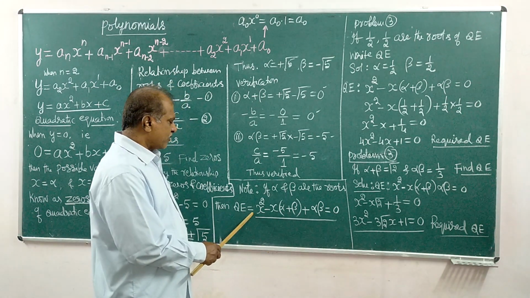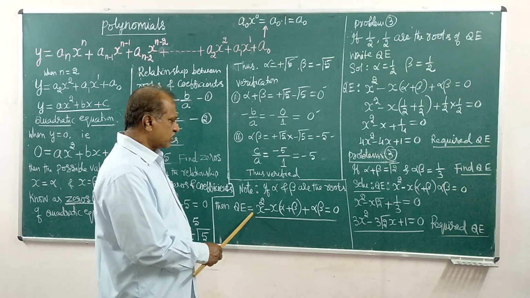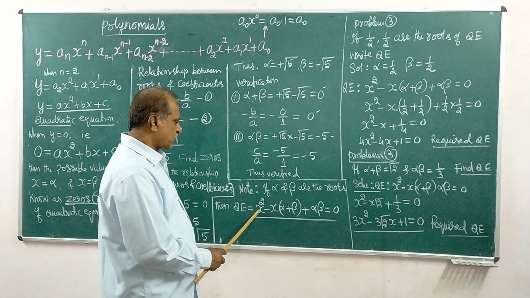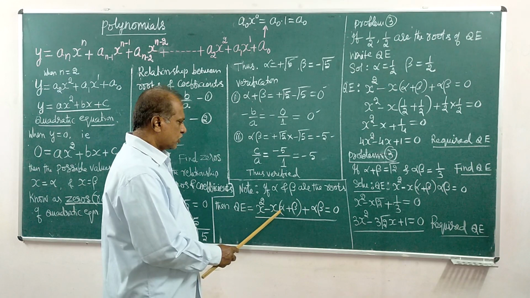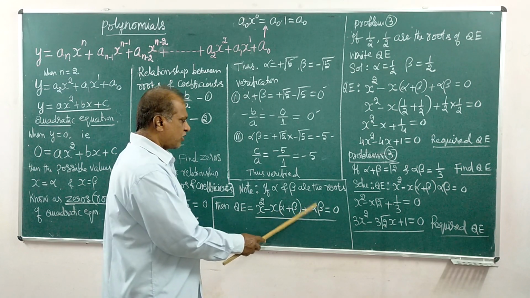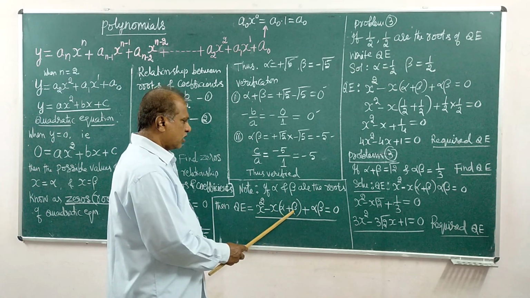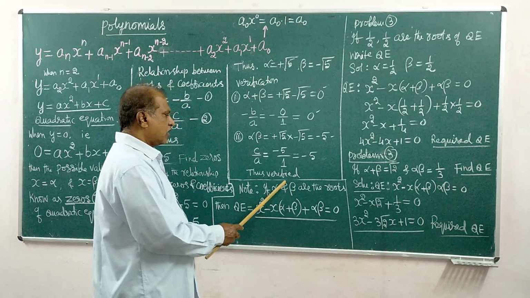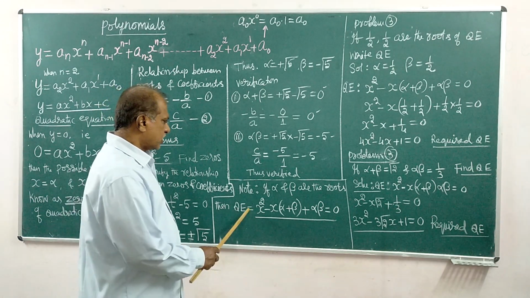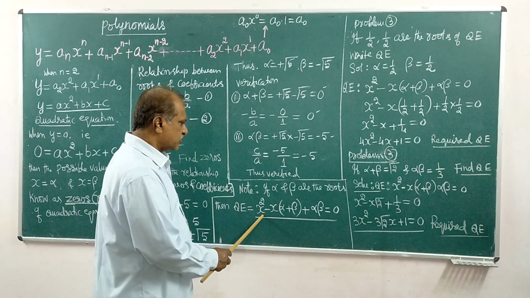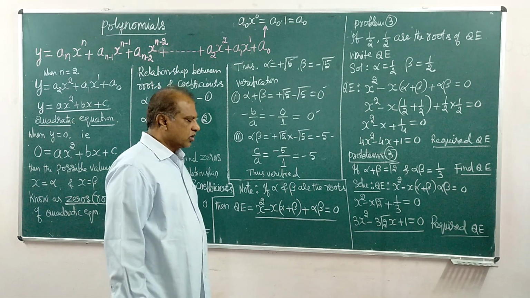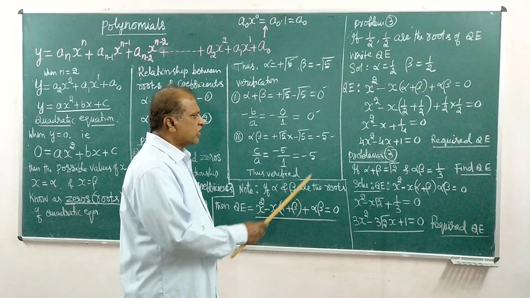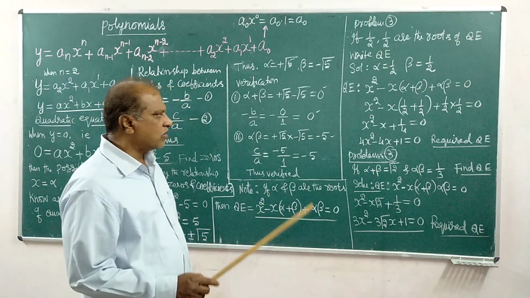The standard form for the quadratic equation, if you know only the roots, is, remember this, x square minus x into (alpha plus beta) plus alpha beta, where alpha and beta are the roots of the given quadratic equation. Substitute for the roots and simplify, and you get the quadratic equation with the usual coefficients.